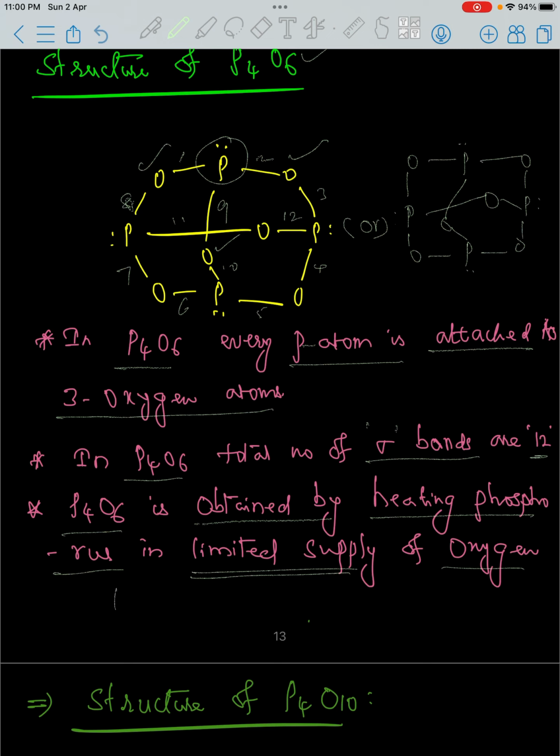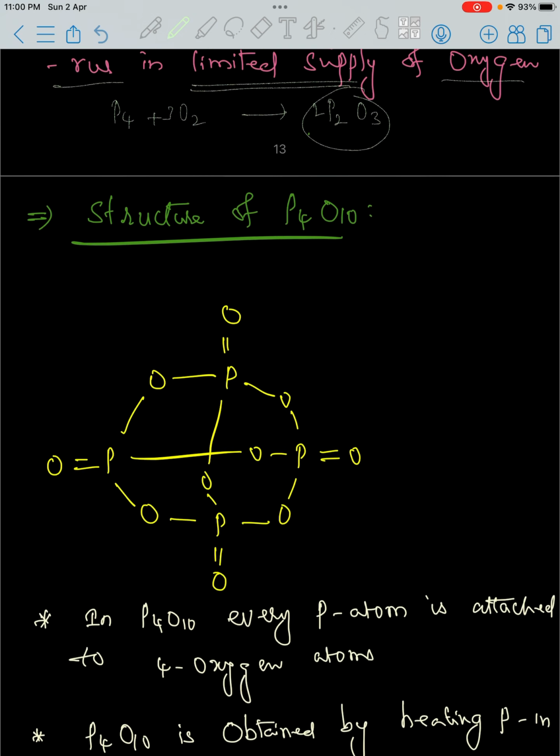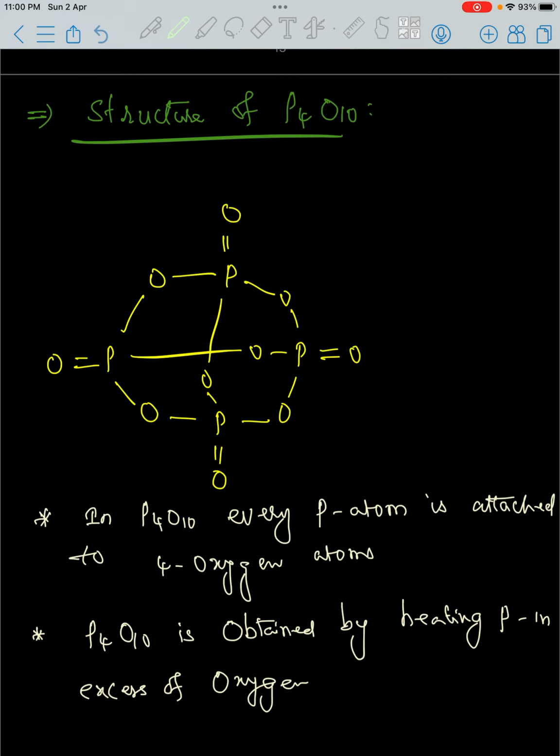Simply, P4 phosphorus with a limited supply of oxygen gives P2O3. So 4 are there, so 2 moles, 6 moles, then 3 moles of oxygen, and you will get P2O3.